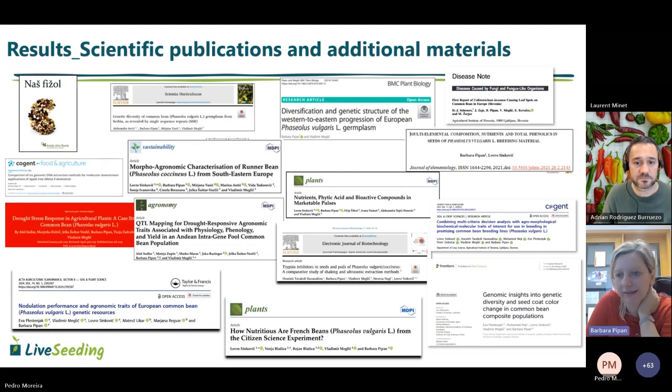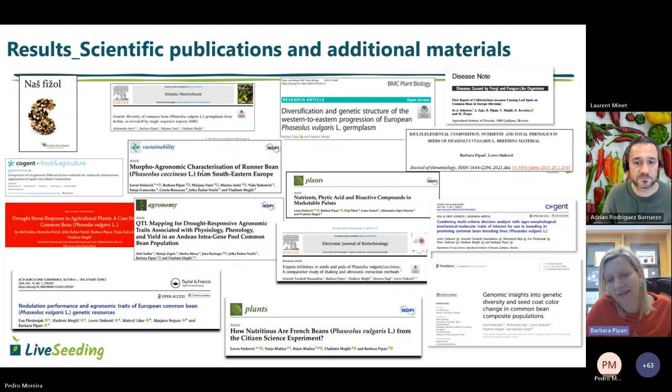And as I didn't mention before, I'm not just a common bean breeder leading our national common bean breeding program, but I'm also a researcher in the field of genetics, molecular biology, and GIS-based applications.